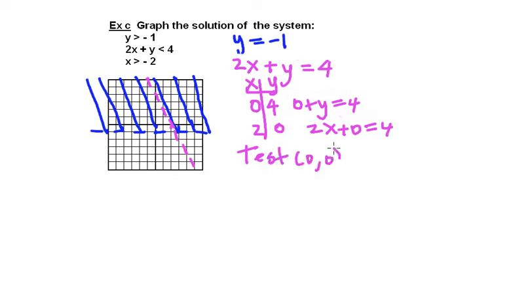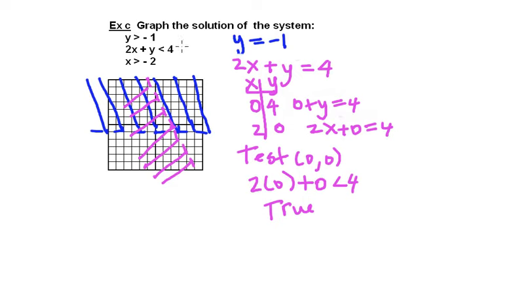When we plug the point (0, 0) into the original inequality, we get 2 times 0 plus 0. Is that less than 4? The answer is yes, 0 is less than 4. So this is true, and that means that the origin is on the true side, so we will be shading on the same side as the origin.